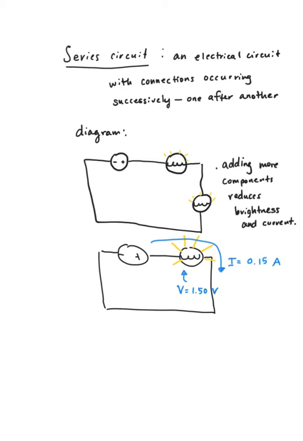This idea has a special name, and we refer to that barrier or resistance to flow. Resistance in electrical circuits is a barrier to electrical flow.